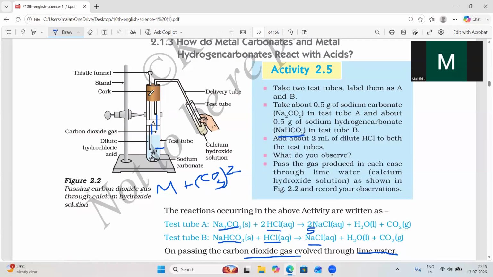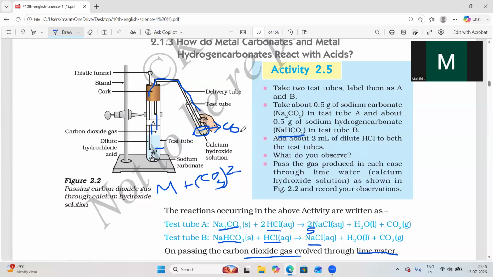When the carbon dioxide enters this calcium hydroxide solution, it turns a milky white color. By the change in color of this solution, we can know that carbon dioxide is present in the solution.